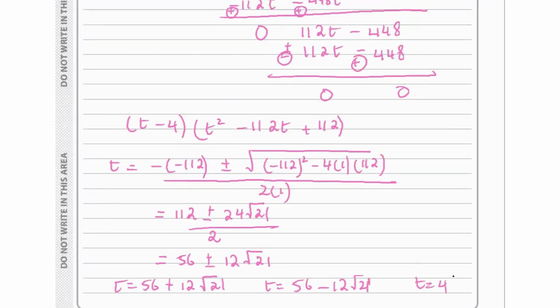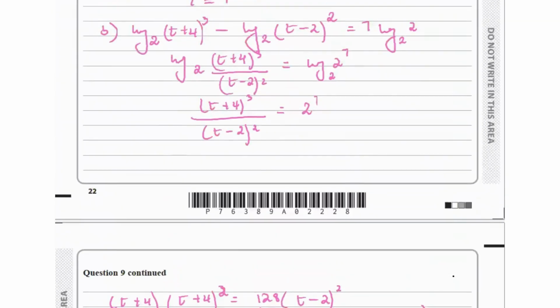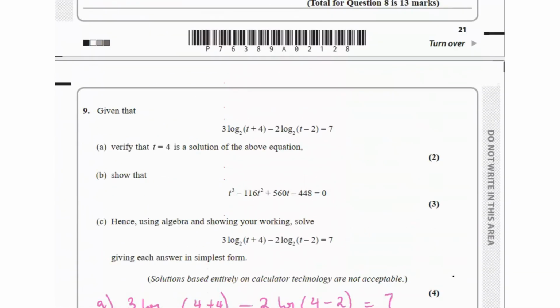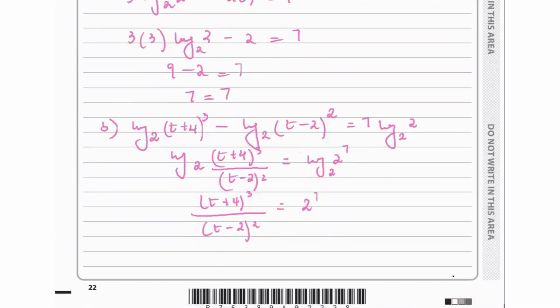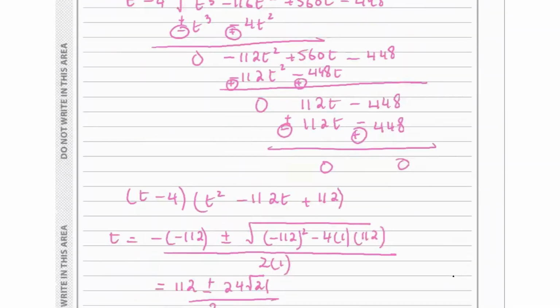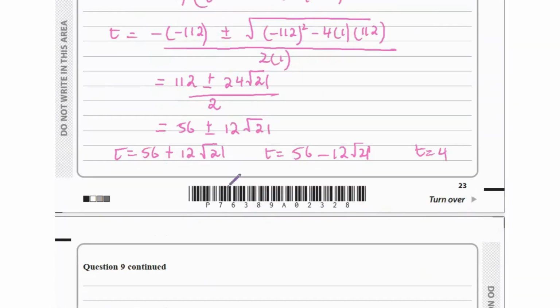According to the question, since we're dealing with logs, we cannot use the negative solutions. So the solutions that are acceptable over here are going to be this one, and this one. That's it. These are the two acceptable solutions.